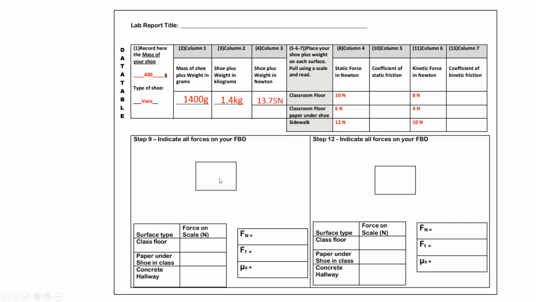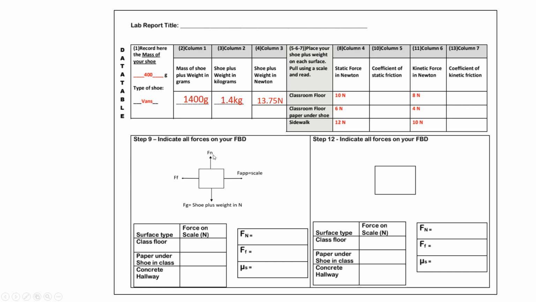Next, we are going to draw the free body diagram. In this free body diagram, we have 4 forces acting on the shoe. One is the weight force, Fg, straight down, which is this number right here. The second one is the normal force, Fn, which is normal to the contact surface, making a 90 degree angle.